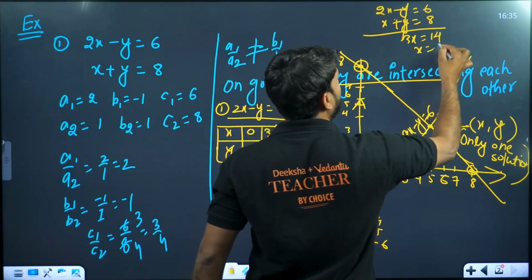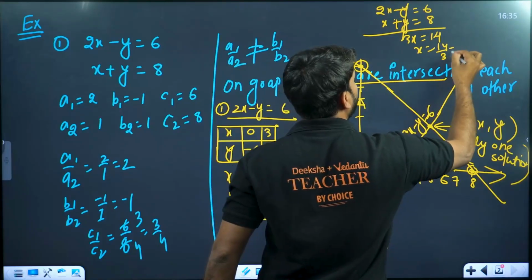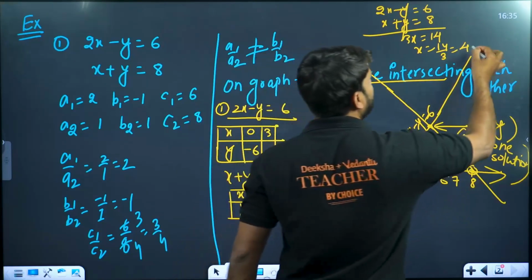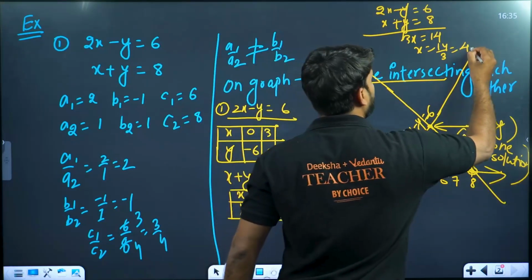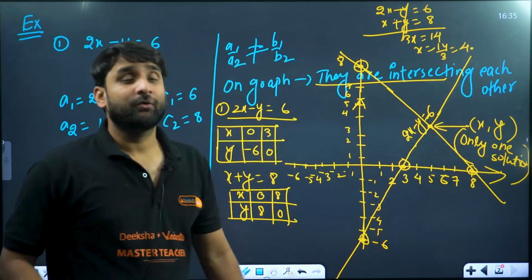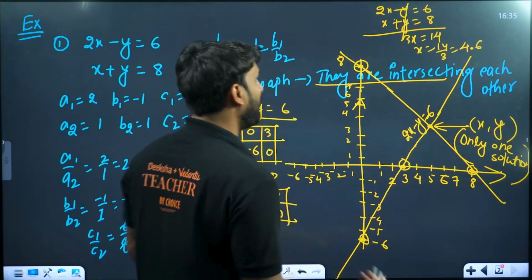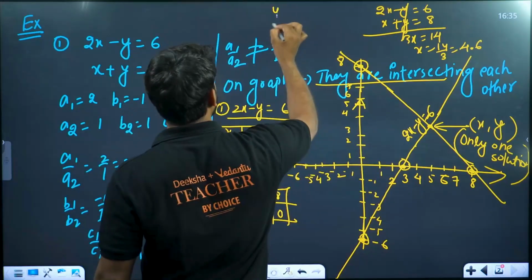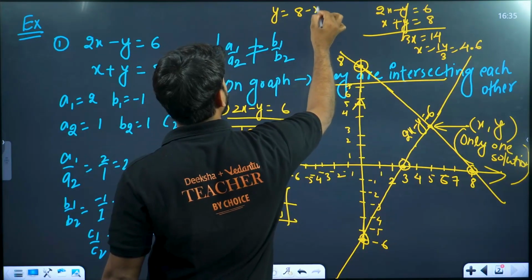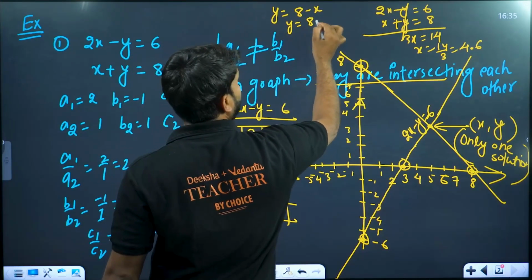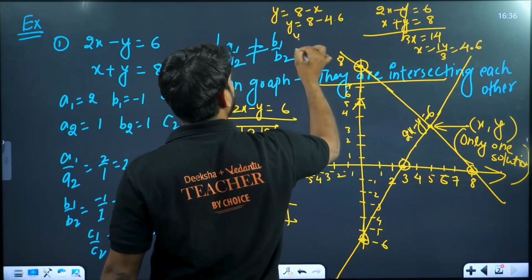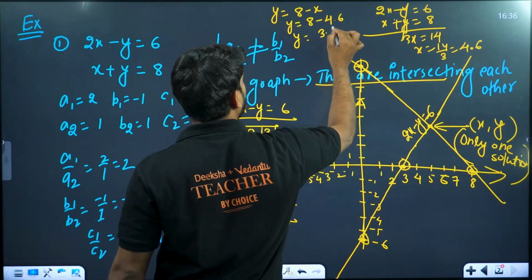So x will be equal to 14 by 3, which is 4 point something, close to 5, about 4.6. What will be y? y will be equal to 8 minus x. So y will be equal to 8 minus 4.6, so y will be equal to 3.4.